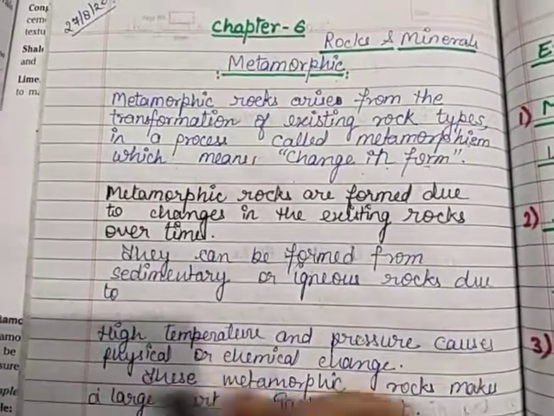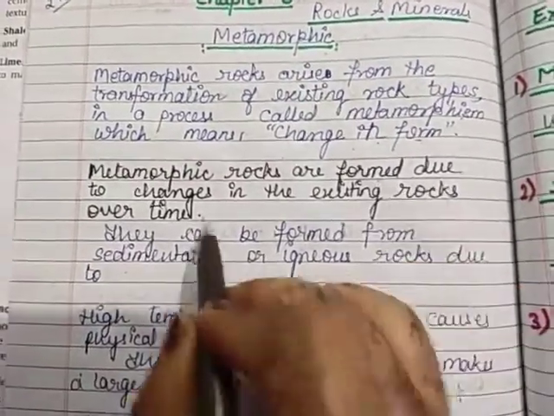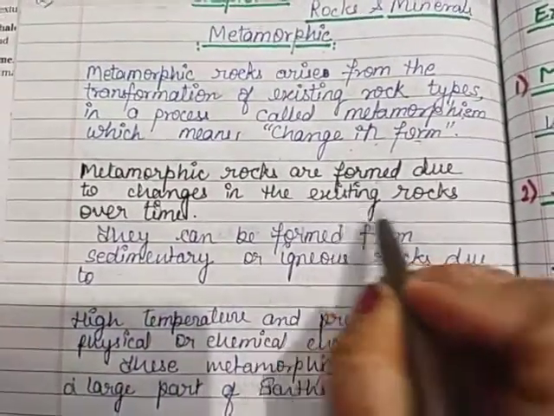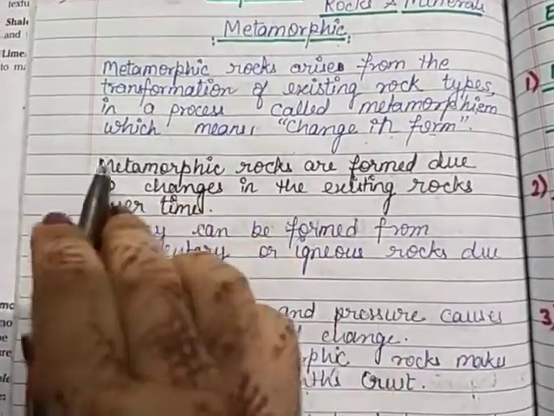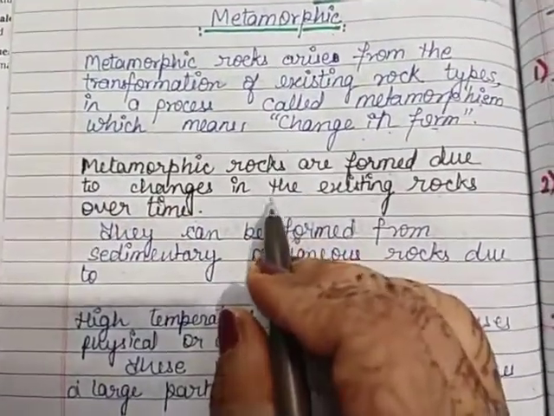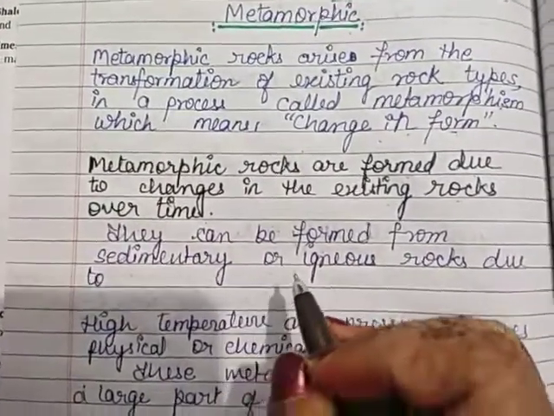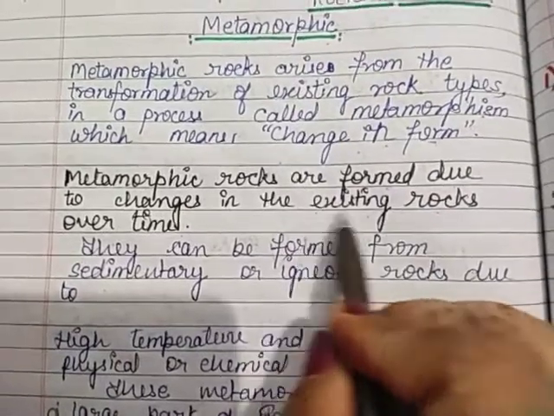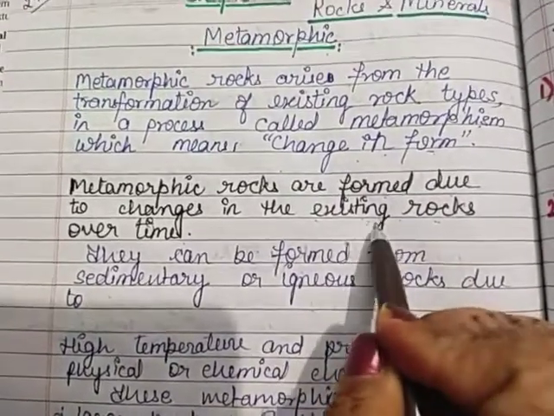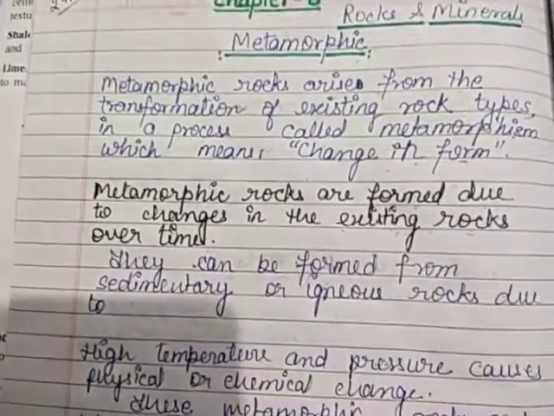So metamorphic rocks are formed due to changes in the existing rocks over time. These metamorphic rocks are not formed within a year. They are formed from the existing rocks. Existing rocks means the rocks which are already found on the earth.